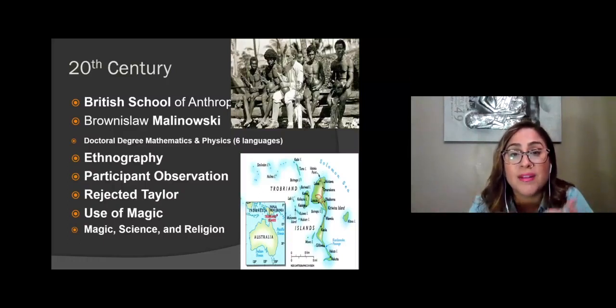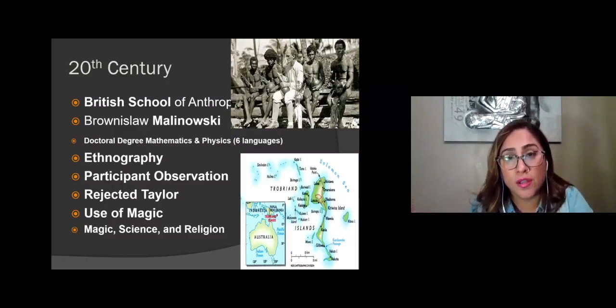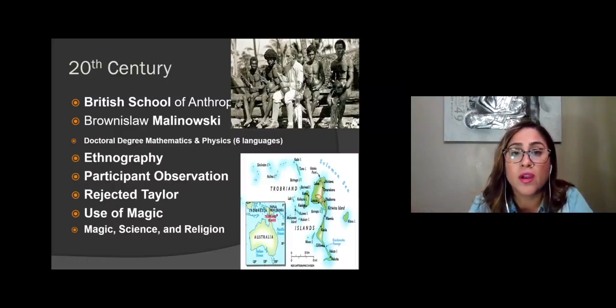And therefore their petition, their practices, do have the result that they are looking for. And therefore he finds equal rationale: just as we embark on scientific ideas of the unknown and an application of it, so do the Trobrianders. And so magic, science, and religion he views as logical, as rational, and as equal.